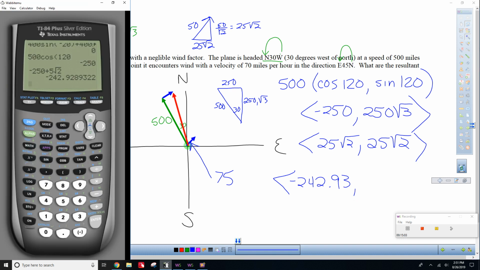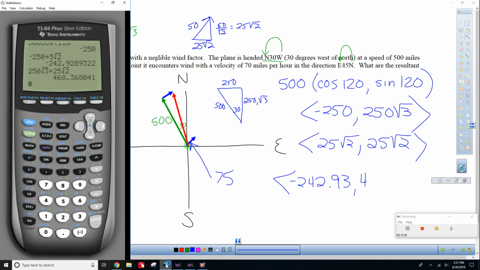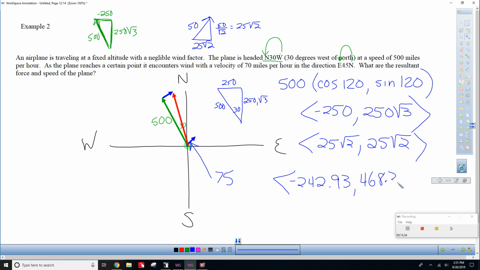Now do 250 radical 3 plus 25 radical 2. And you get 468.36.